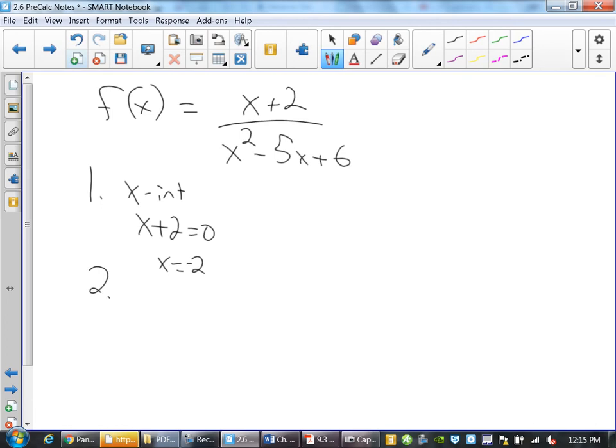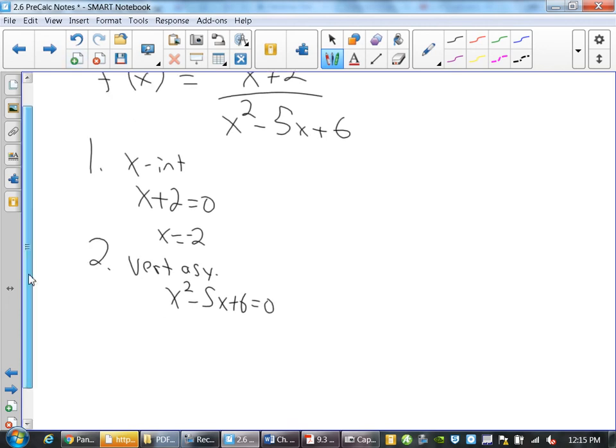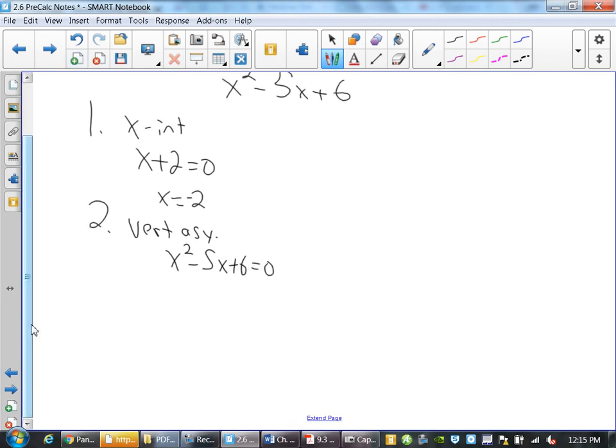The second thing I would do is find the zeros of the denominator, which would be my vertical asymptotes. Set that equal to 0, which means I have to factor. So what times what is positive 6 and adds together to get negative 5?